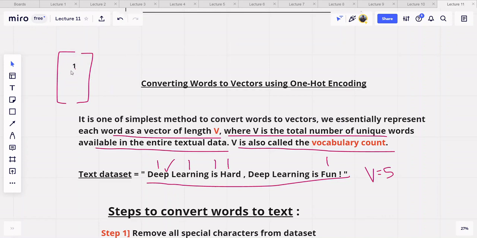So we have 1 at the first position, and we'll assign 0 to all the other values. We now have three values remaining.